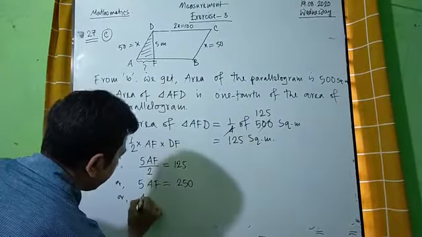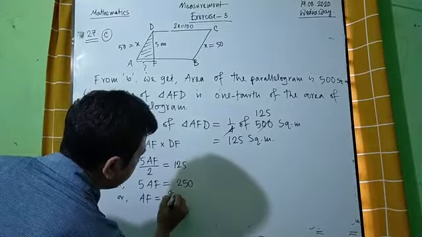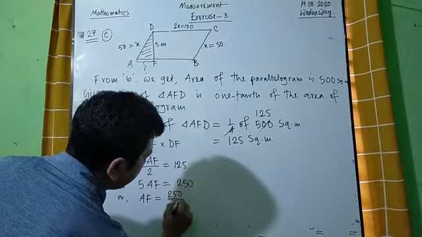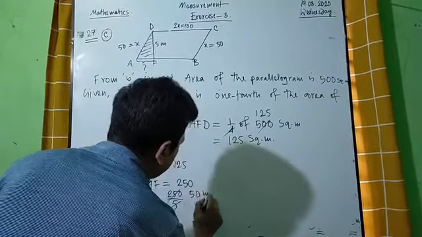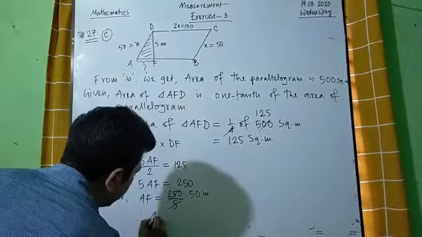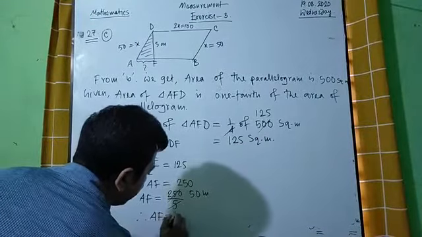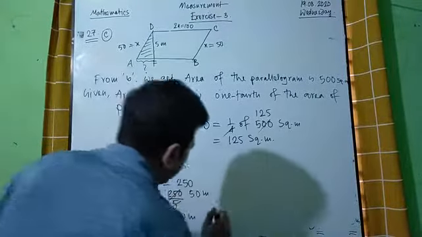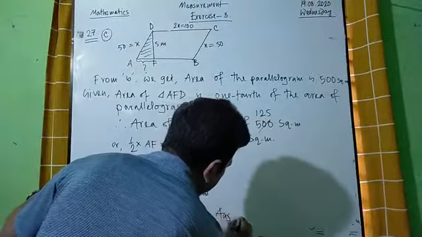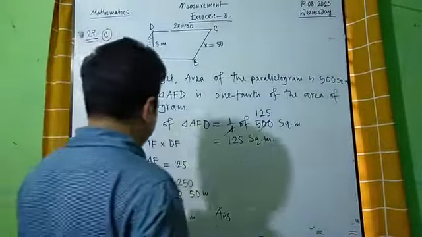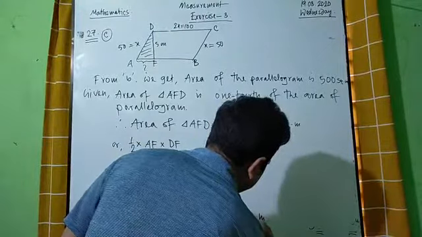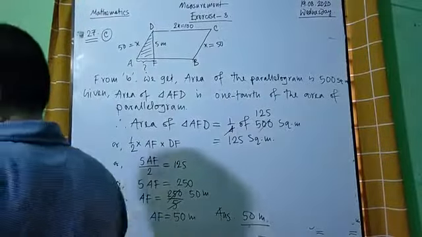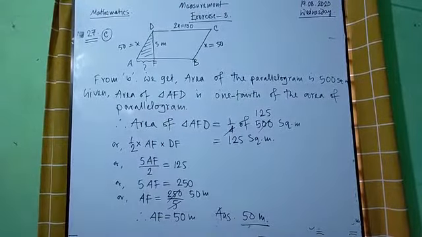So AF equals 250 divided by 5, which is 50 meter. Therefore AF equals 50 meter. Our target was to find the value of AF, so the answer is 50 meter.